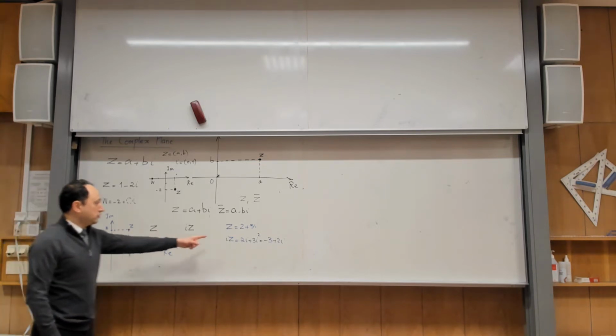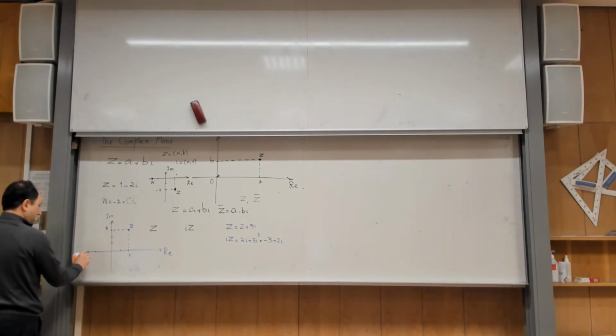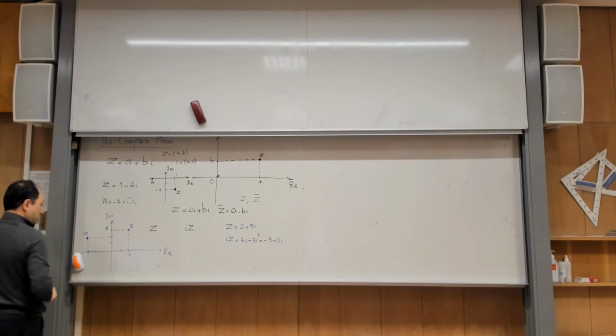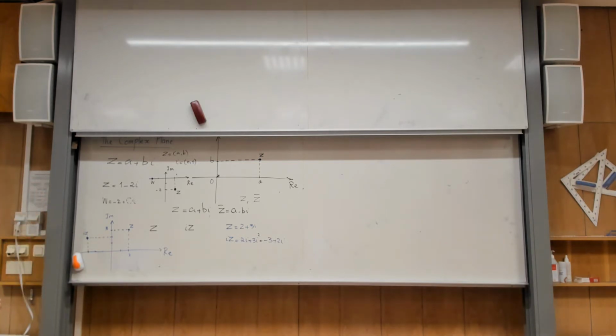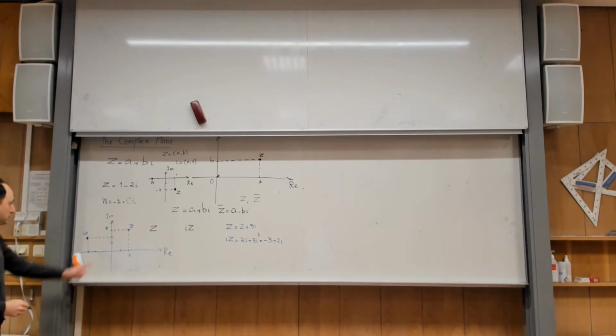But now if I go to iz, it is minus 3, minus 1, minus 2, minus 3, and then 2i. So here is iz. So what's happening, do you think? It is not the mirror image with respect to the imaginary axis. The mirror image will be here. Can you feel what's happening?